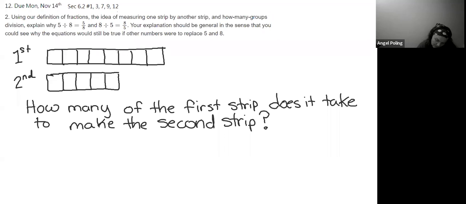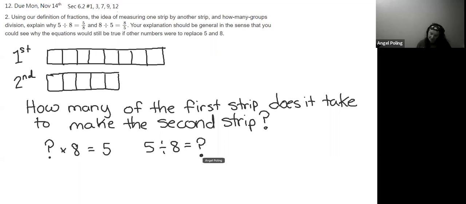And so those are our strips of paper. And then we also have the how many groups perspective. So we're saying how many of the first strip does it take to make the second strip? 5 divided by 8.